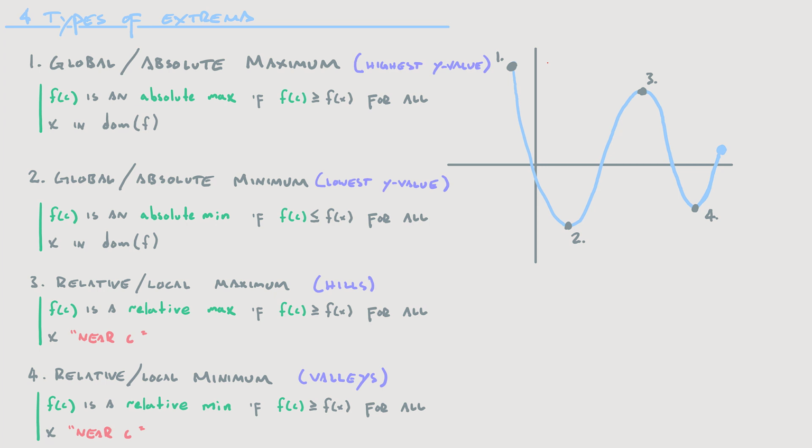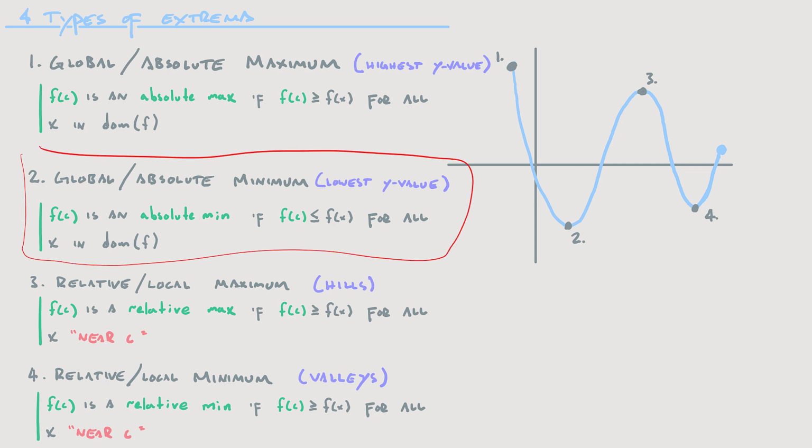Now, here are the stipulated definitions. And I think just showing this to you can be a lot to take in. So maybe let's just focus on one of them here, and then I'll explain maybe one of the globals and one of the relatives. So maybe we'll start with this one. Okay. So the definition says f of c is an absolute minimum if f of c is less than or equal to f of x for all other x's in the domain of f. So we're talking here, right?